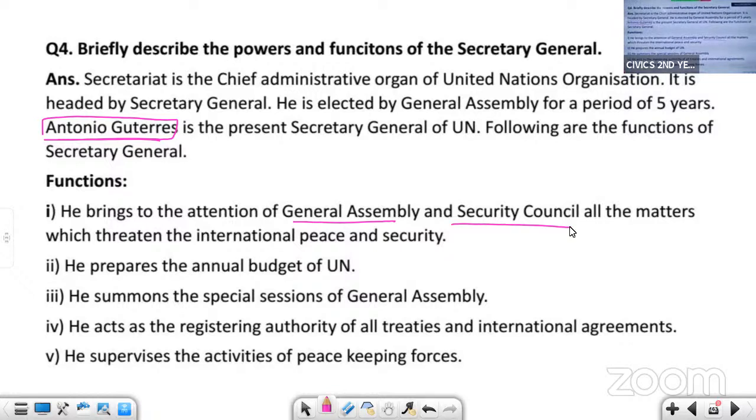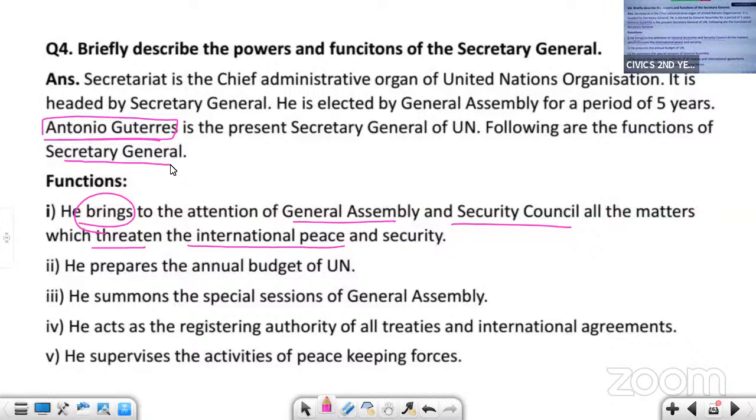It is the Secretary General who brings to the attention of the General Assembly and Security Council all the matters which threaten the international peace and security.